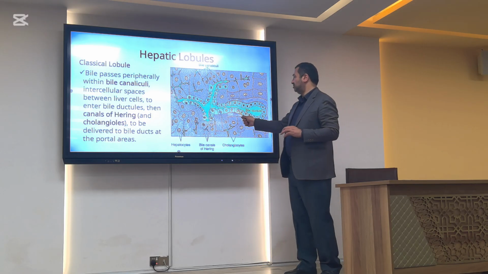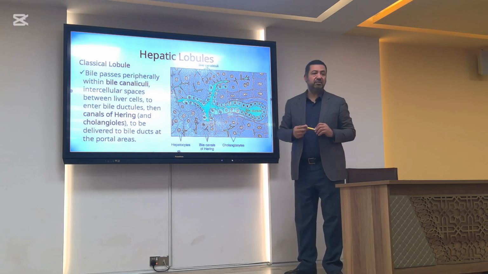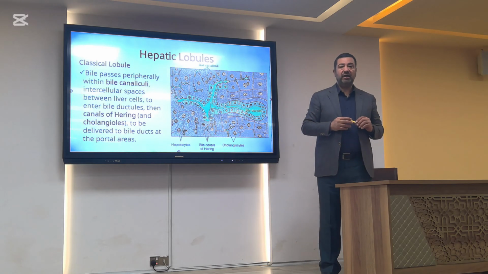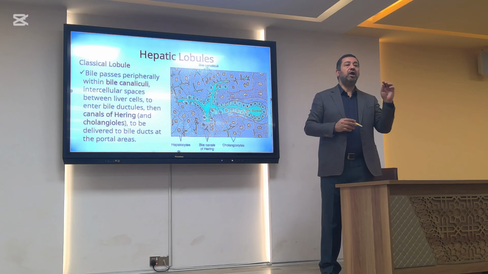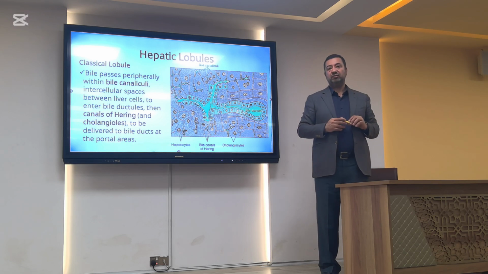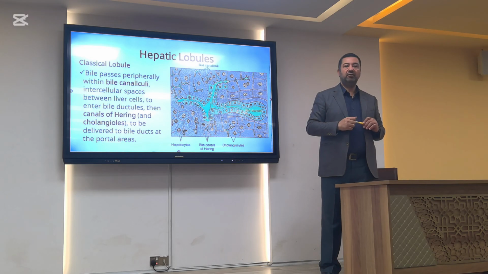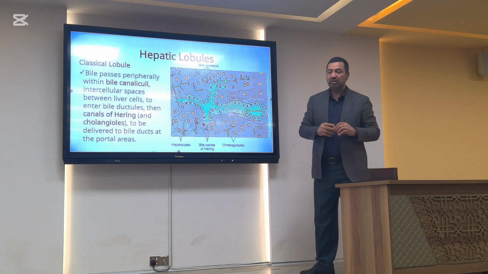You see here, the canal of Hering is lined by cuboidal epithelium. These cuboidal cells that line the canal of Hering are called cholangiocytes.